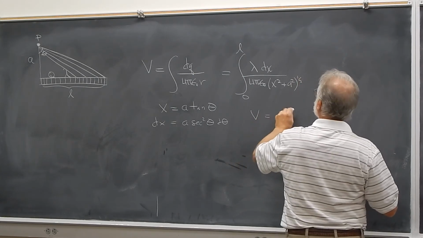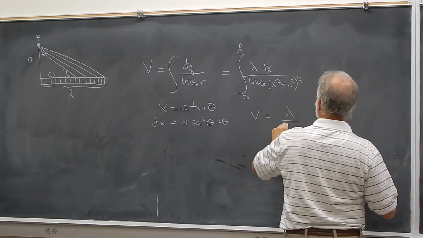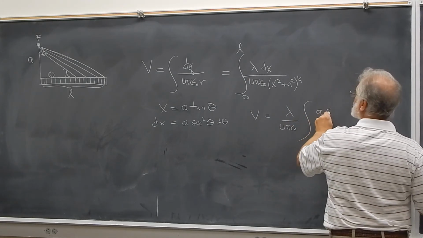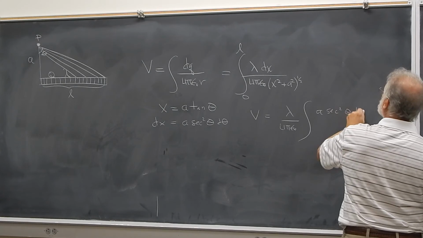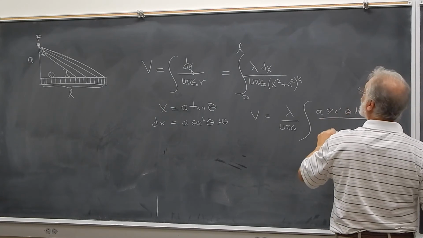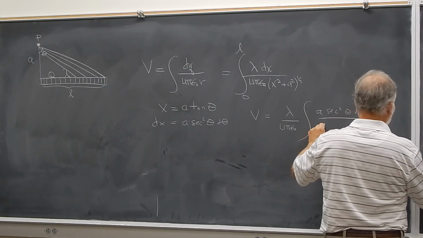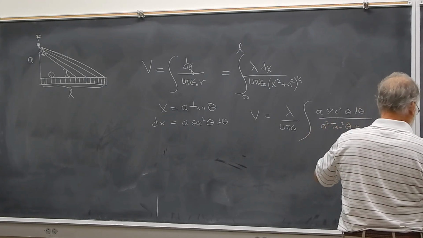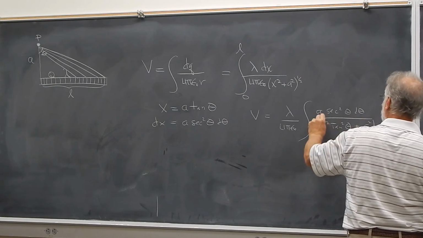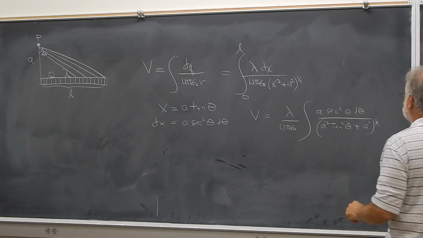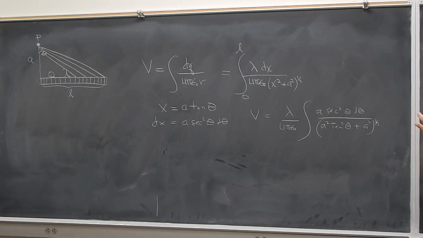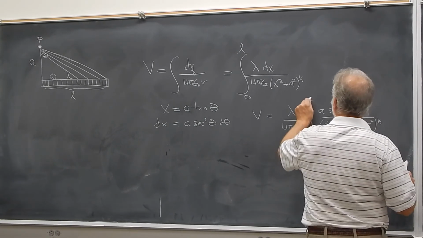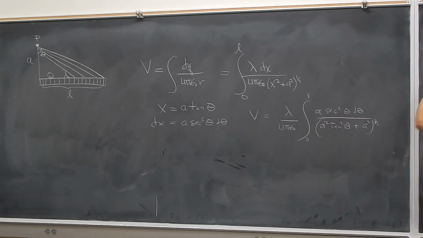That says V is equal to lambda over 4 pi epsilon naught integral a secant squared theta d theta divided by a squared tan squared theta plus a squared to the 1/2. Tan squared plus 1 is secant squared, so I can do the following.